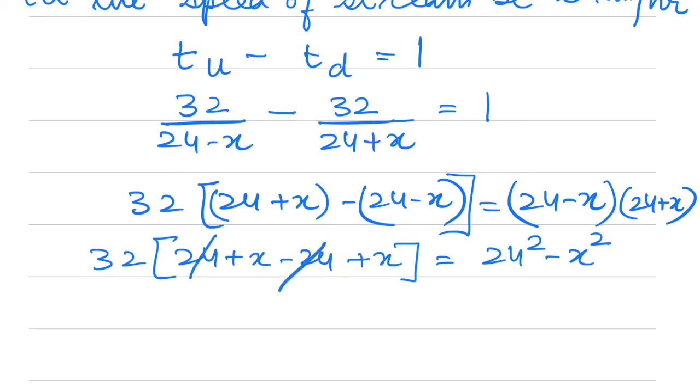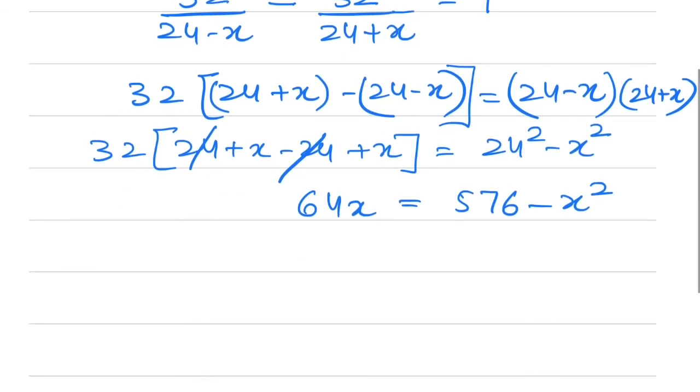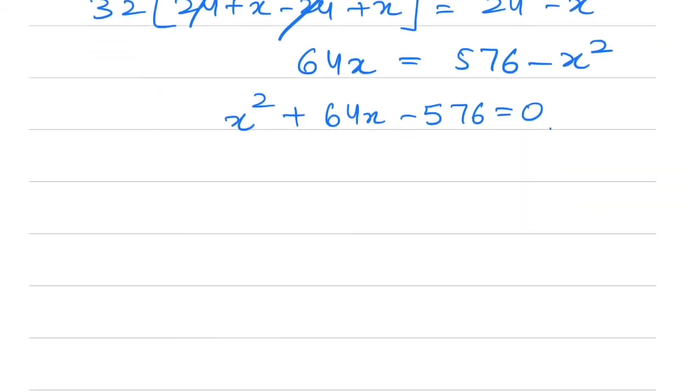This 24 and 24 get cancelled, so 32 into 2x, so 64x is equal to 576 minus x square. So bringing everything on the left hand side, we get x square plus 64x minus 576 is equal to 0. Now we have to factorize this equation, so for that we need to find out two numbers such that sum is equal to 64 and product is equal to minus 576.